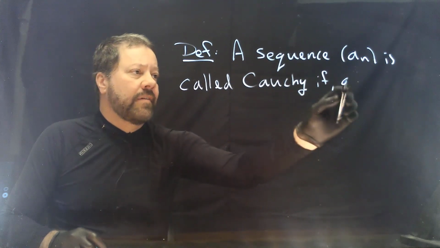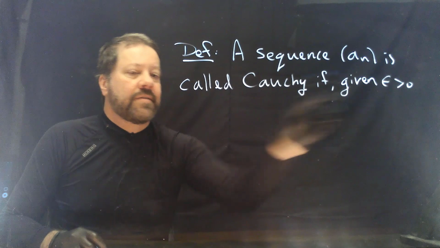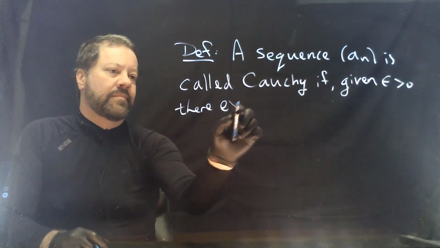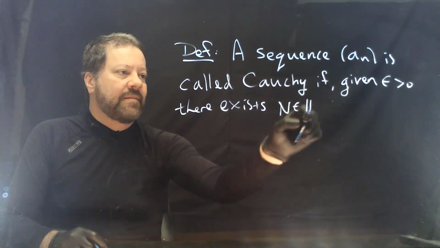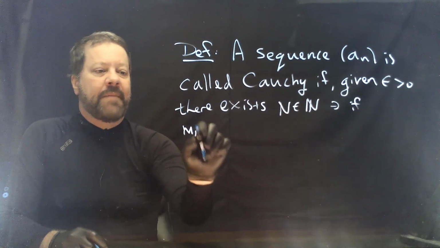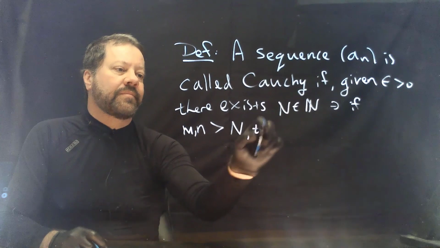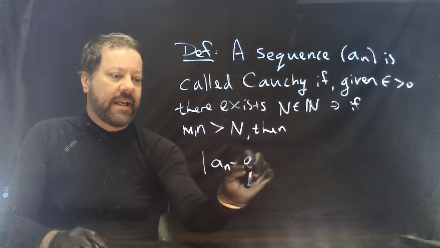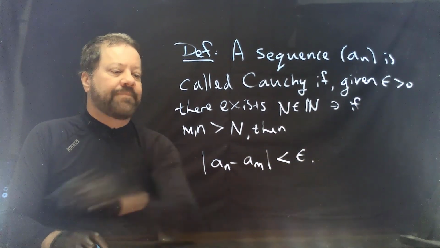Given epsilon greater than 0, there exists some natural number N such that if both m and n are bigger than N, then the difference between a_n and a_m will be smaller than epsilon.